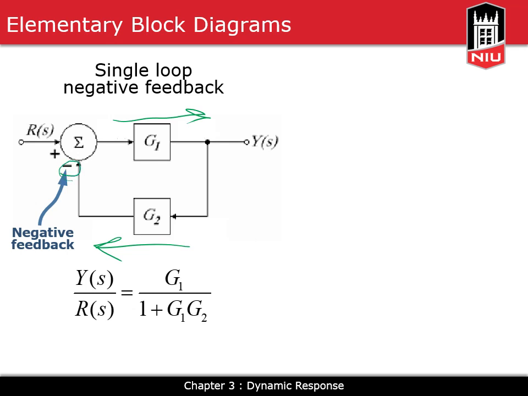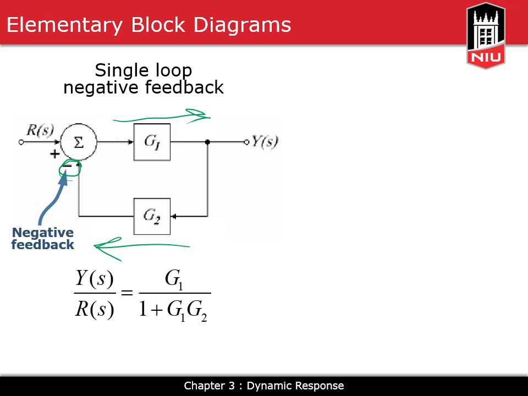So you see the negative sign here. And the result goes into G1. So basically the input to G1 is R minus what comes out of the G2 block. This combination is called the negative feedback loop. Negative because of the negative sign you see in the summation of the feedback path.